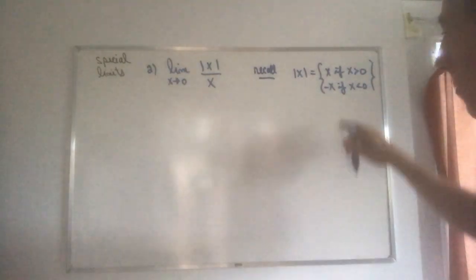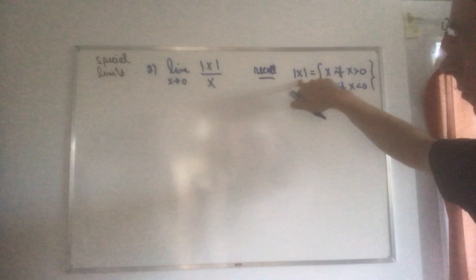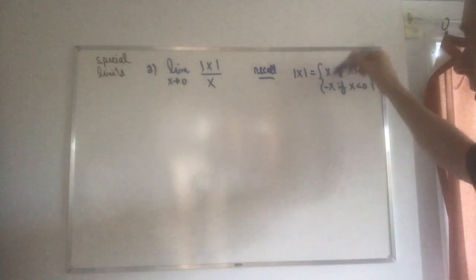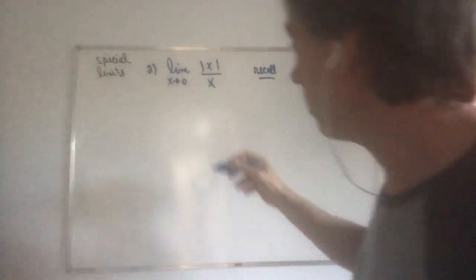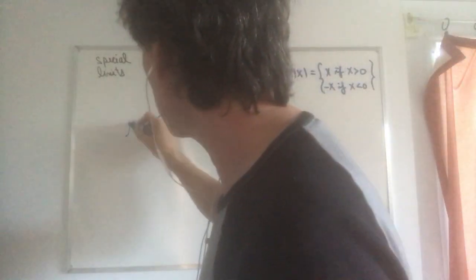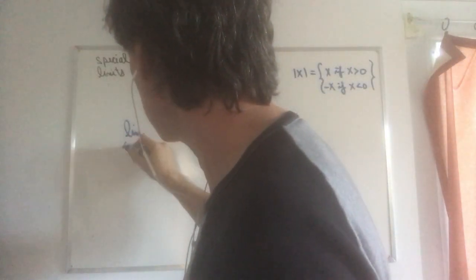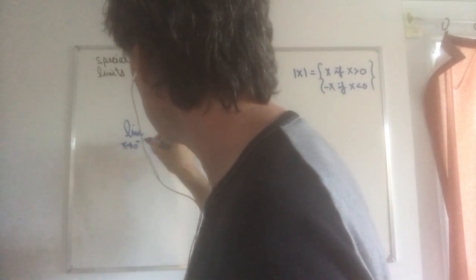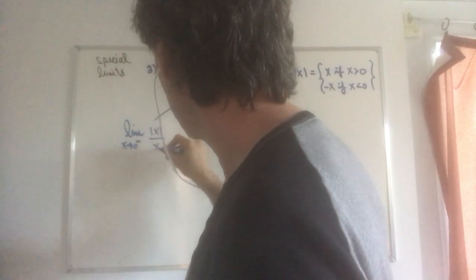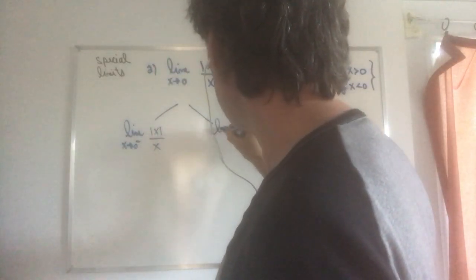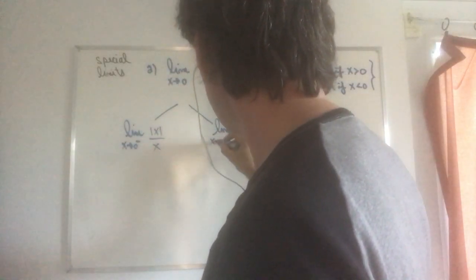So if we remember this, we can actually replace the absolute value of x by one of these two things depending on what the value of x is. And of course, this presupposes that we can investigate this limit from both sides. So let's investigate this limit from the left, and let's investigate this limit from the right.